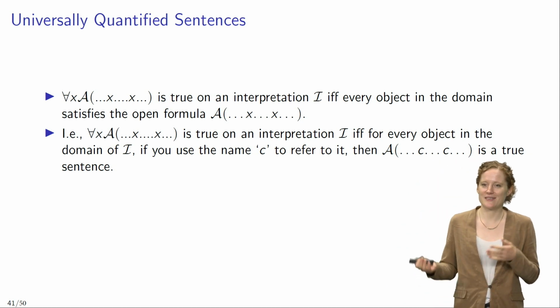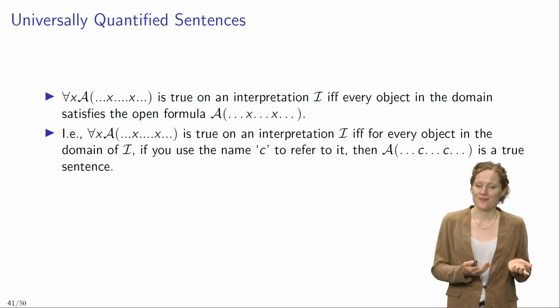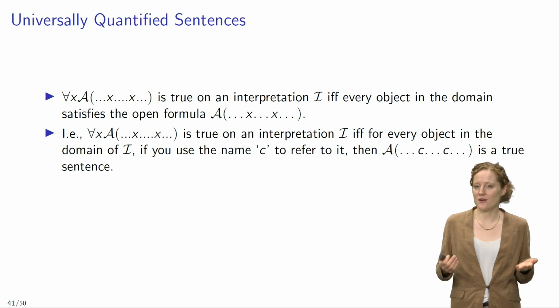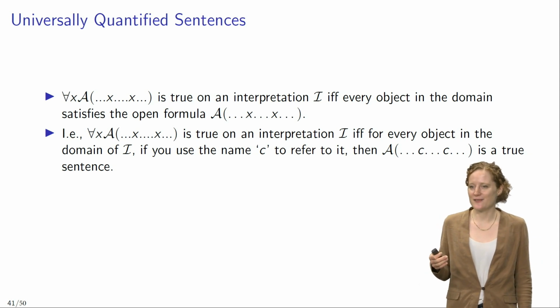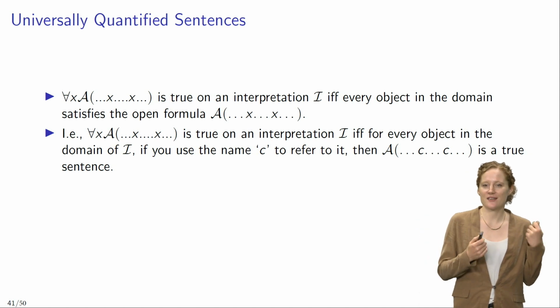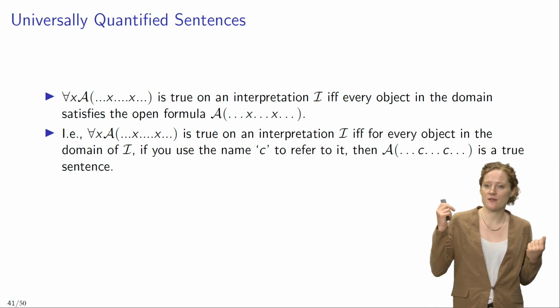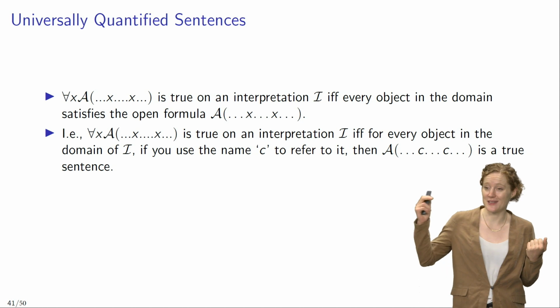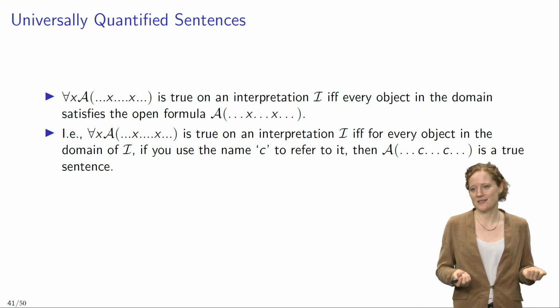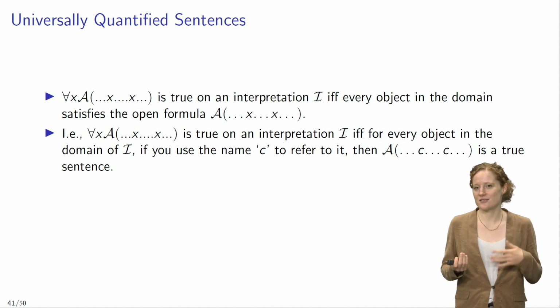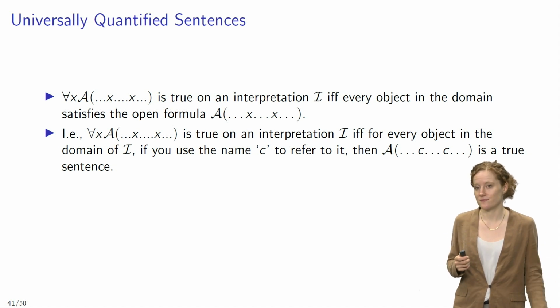Now, given what we just said about satisfaction, that means that for all x Ax is true on an interpretation I, if and only if for every object in the domain of I, if you use the name C to refer to it, then AC is a true sentence, where AC here is just like our open formula, except that it has the name C at every place where the open formula had the variable x.